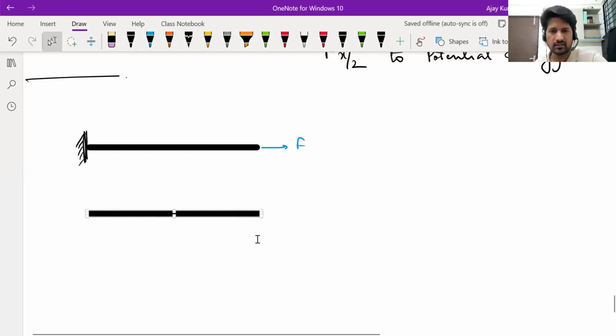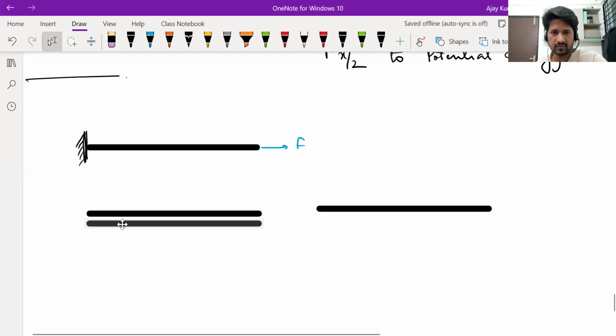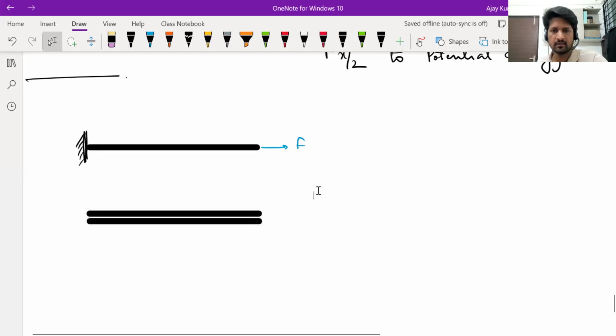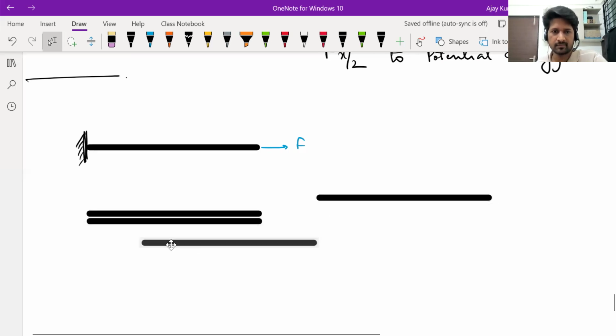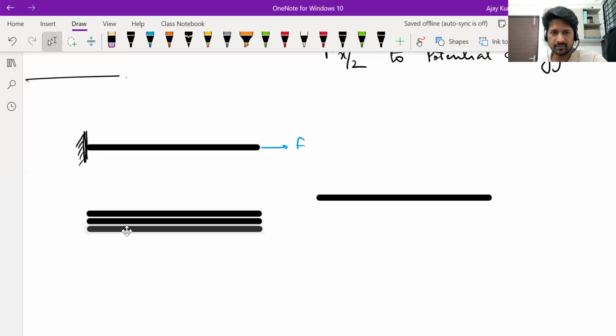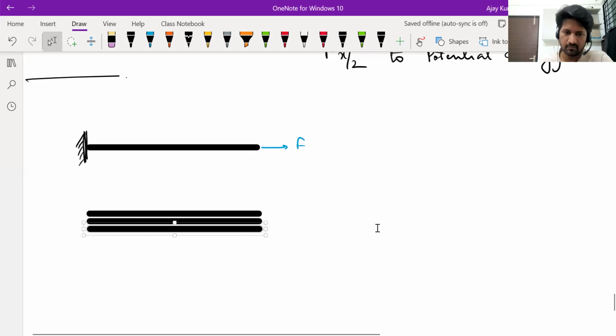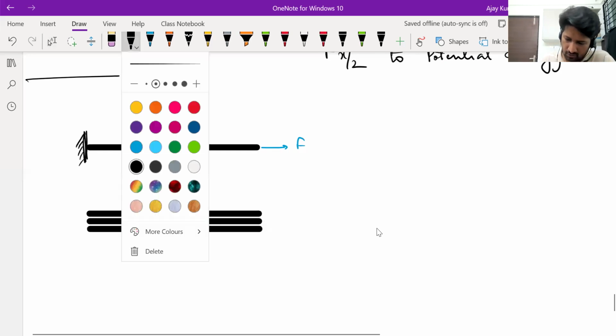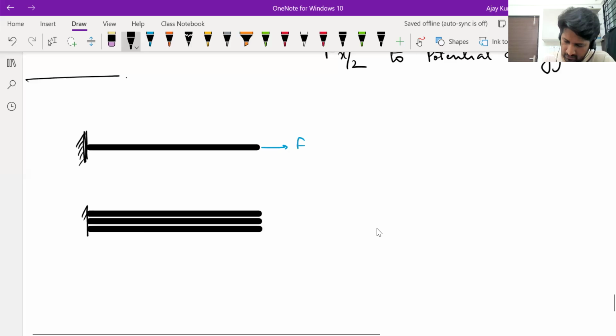Next, you consider a bundle of threads, like this. Assume they are also fixed at one end to a rigid support, and on all of them together, you start applying a force.